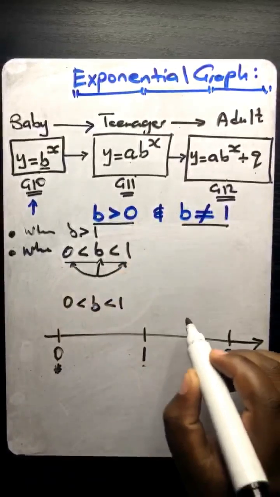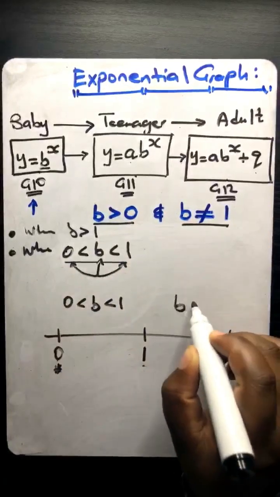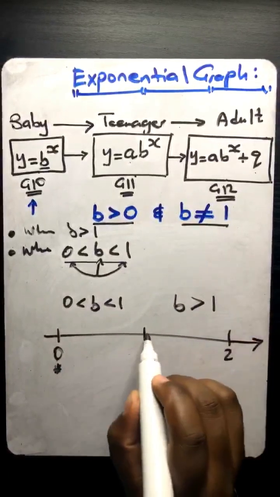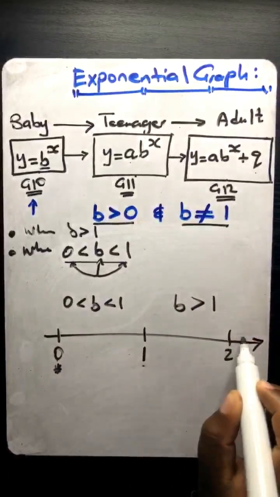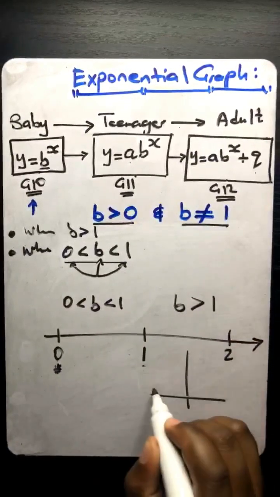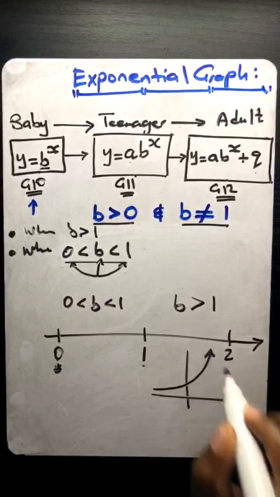So we said if b is greater than 1, that means b is after 1 or any value after 1. That's where we say it has an increasing function.